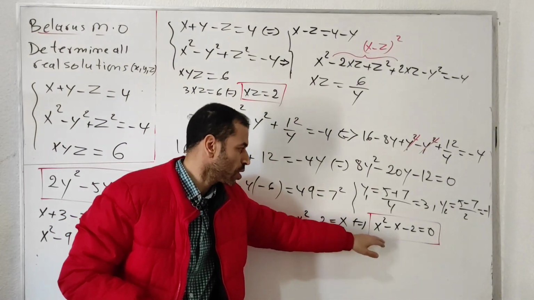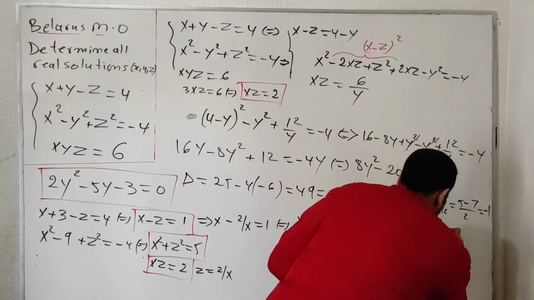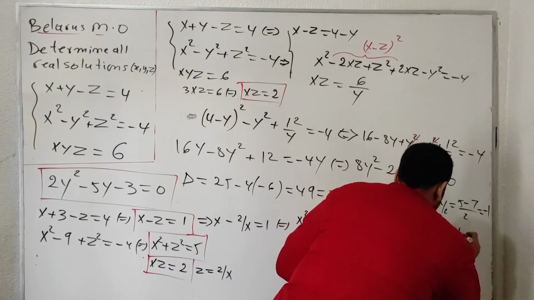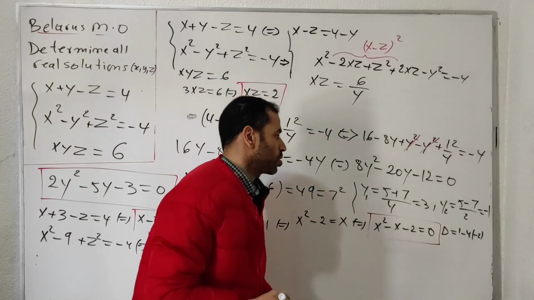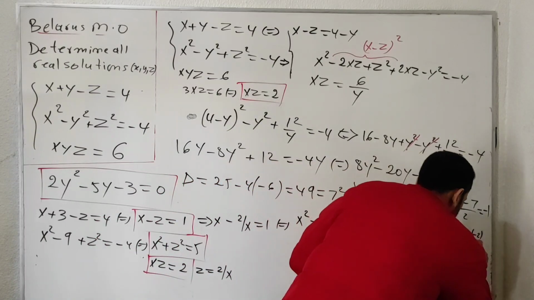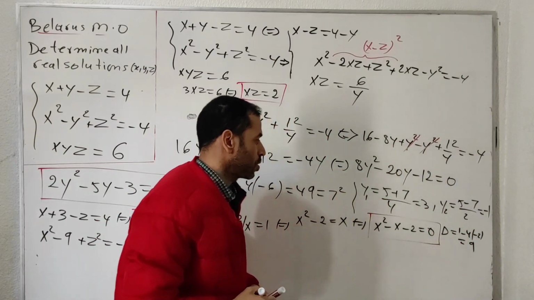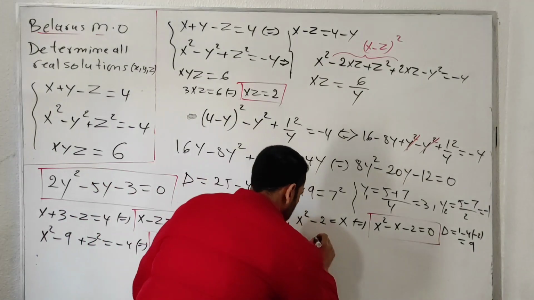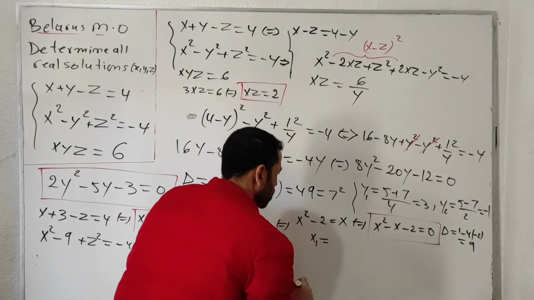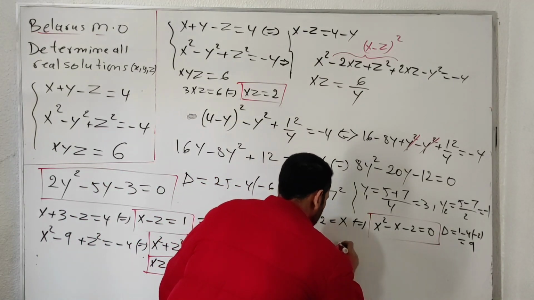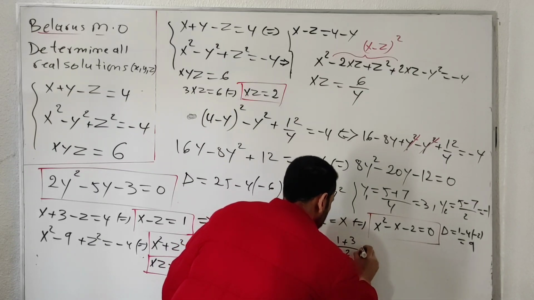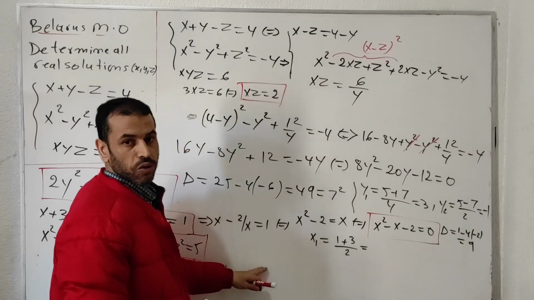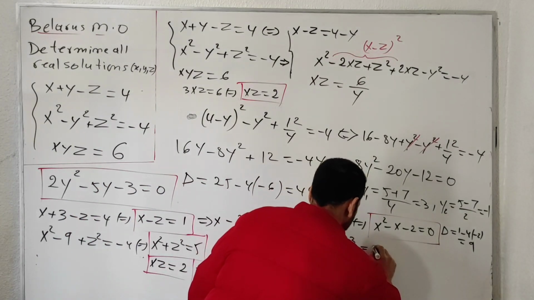I'm going to solve for x by calculating delta. So delta equals 1 minus 4 times 1 times minus 2, which is given as 9, because 1 plus 8. So I will have two solutions. x1 equals 1 plus the square root of 9, which is 3, over 2, which is 4 over 2, which is 2.